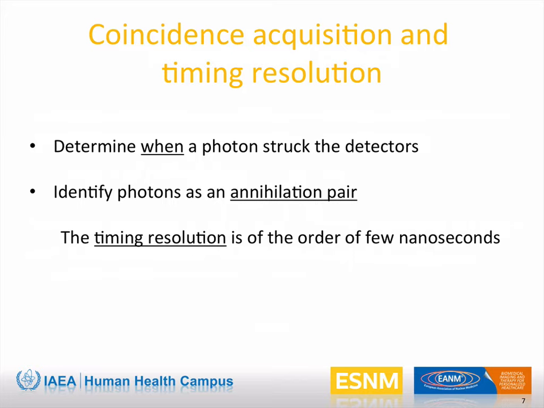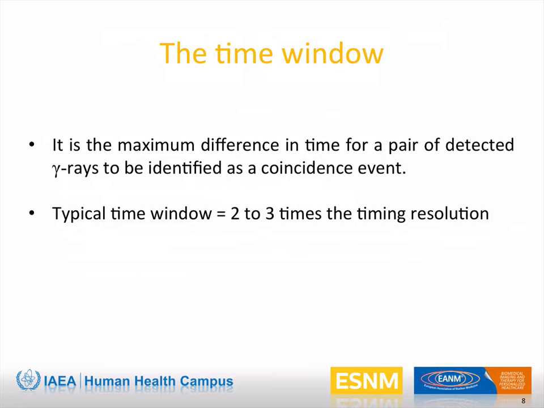The ability of a pair of detectors to determine the time difference in arrival of the annihilation photons is known as the timing resolution, or tau, and is typically of the order of a few nanoseconds. The maximum difference in time for a pair of detected gamma rays to be identified as a coincidence event is called time window.